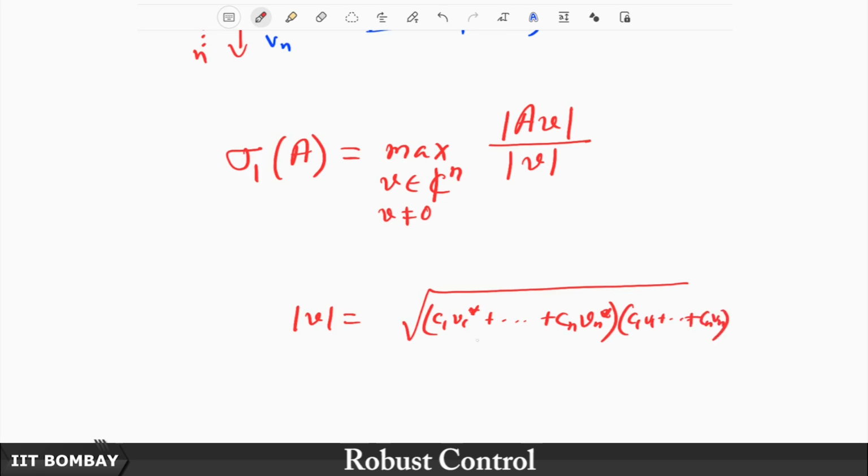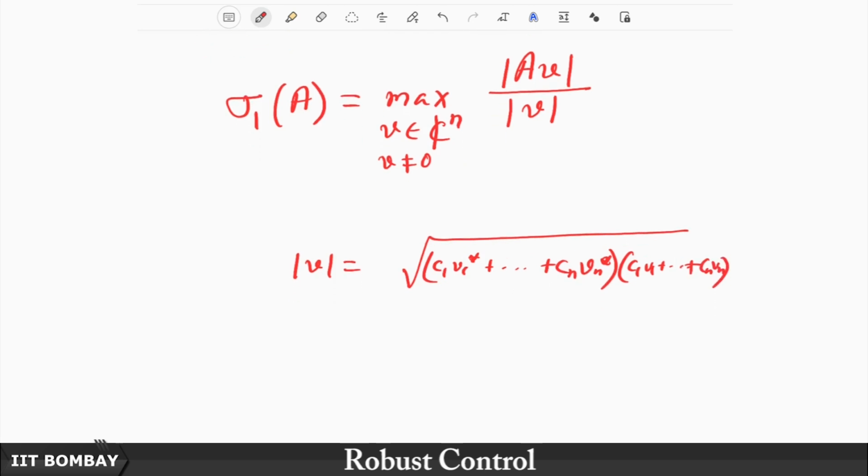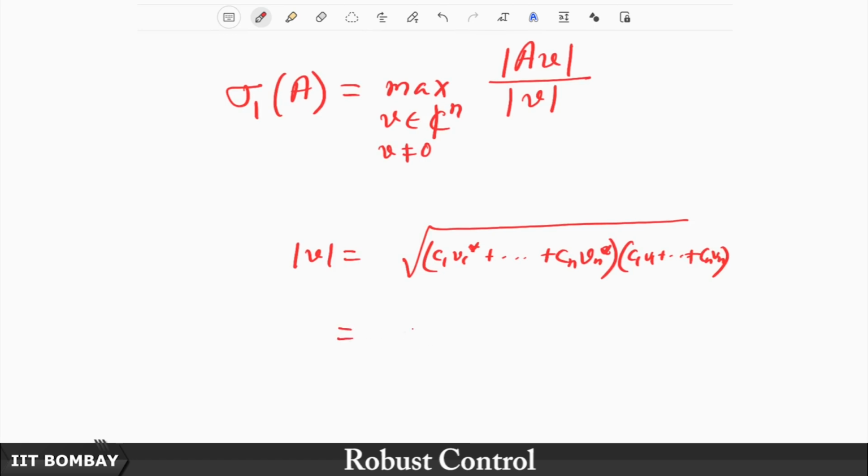But now these are orthonormal sets, this set of V1 through Vn. Therefore, this leads to nothing but C1 squared plus C2 squared plus dot dot dot till Cn squared. So this is what the norm of V would be, for any vector.